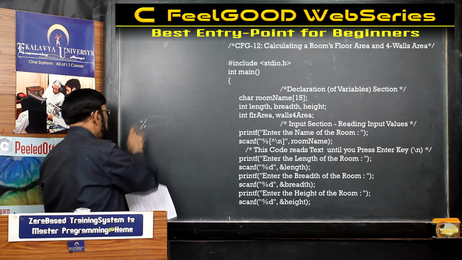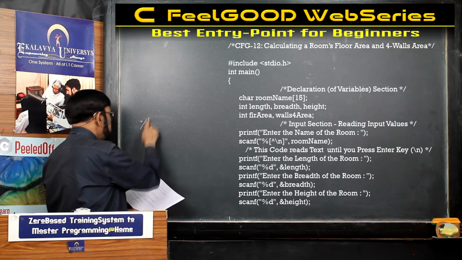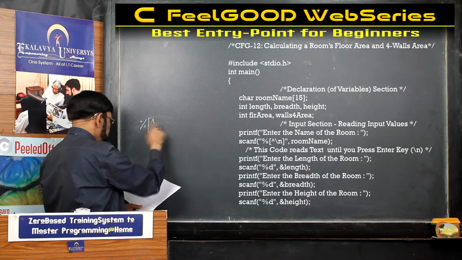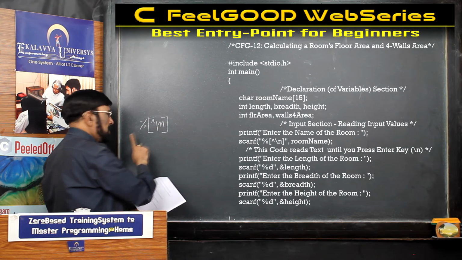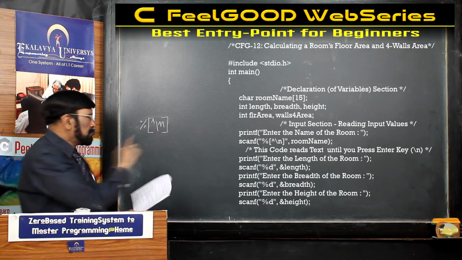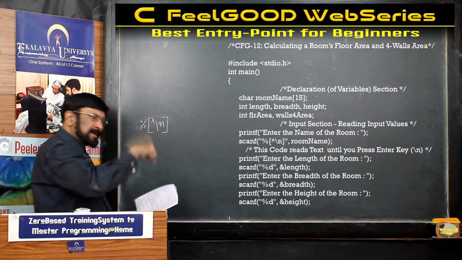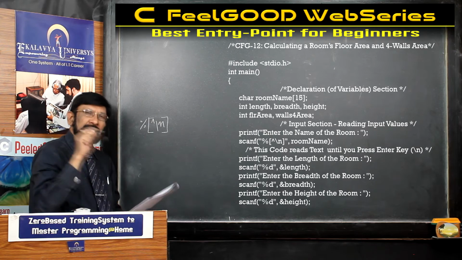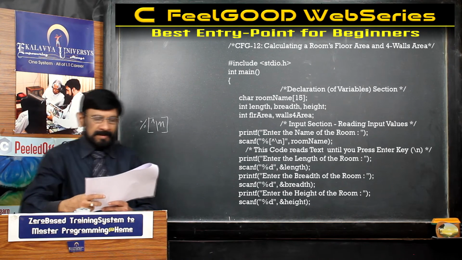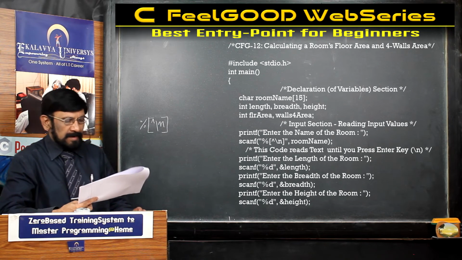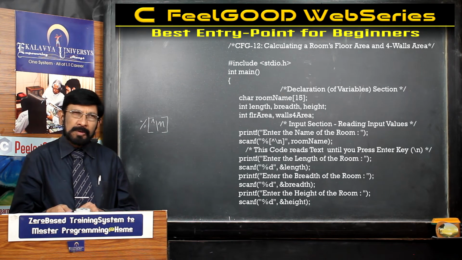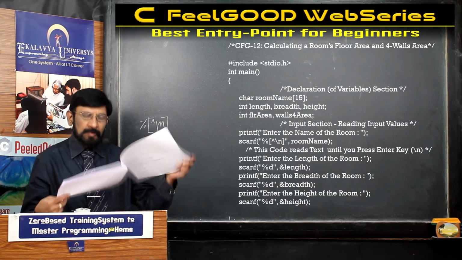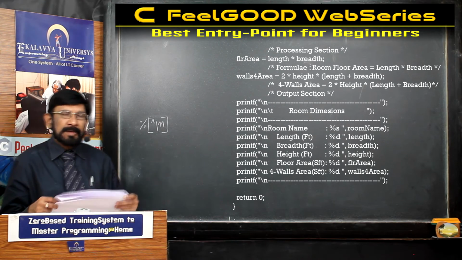Don't forget that, and don't experiment with this. Strictly write that with a new line. Already I told you, whatever drawing room you write, after that you press the enter key, which the new line represents, and then it is terminated. Like that, you read all the 4 input values. With that, the input section is over.